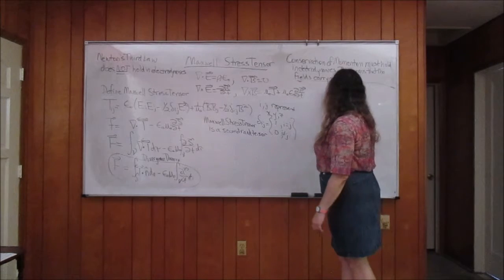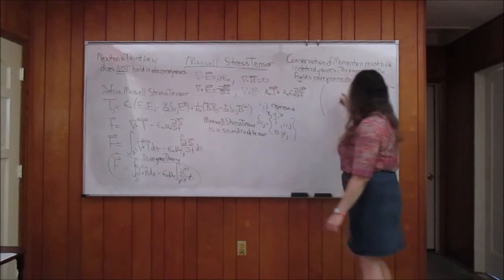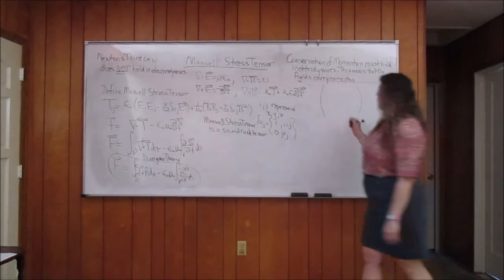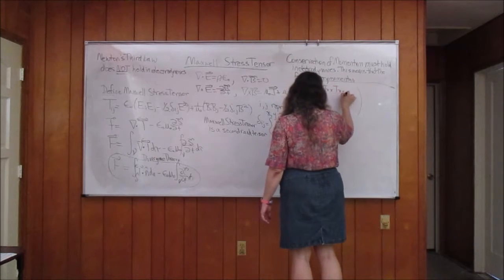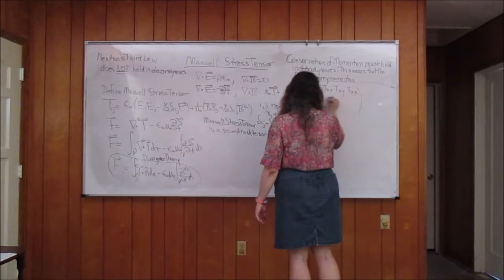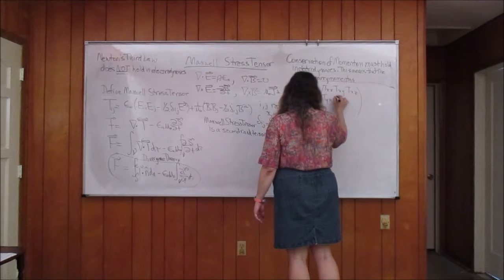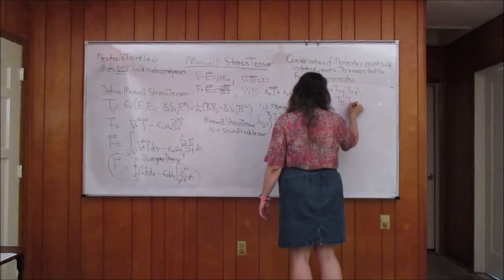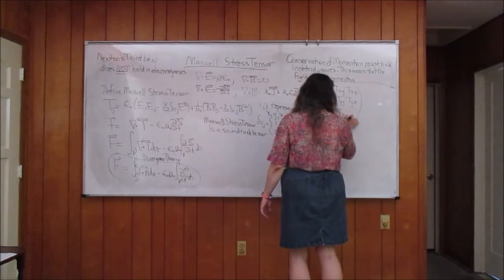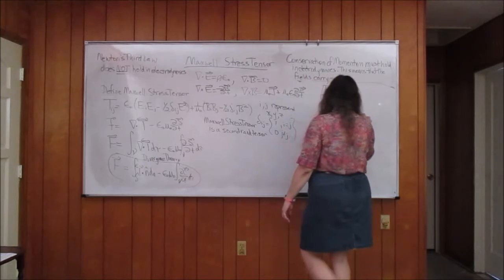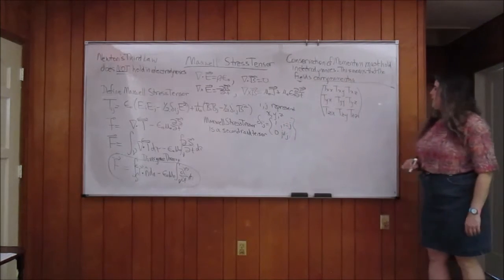So basically, you can write the Maxwell stress tensor in matrix form. So we'll have Txx, Txy, Txz, Tyx, Tyy, Tyz, Tzx, Tzy, and Tzz. Okay?